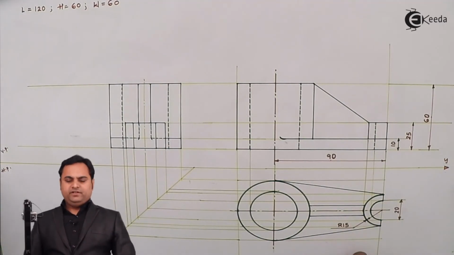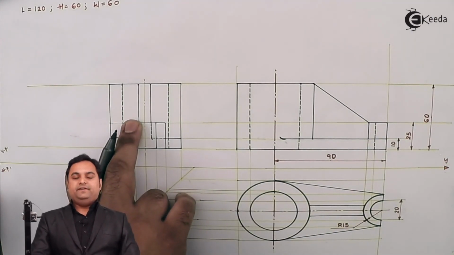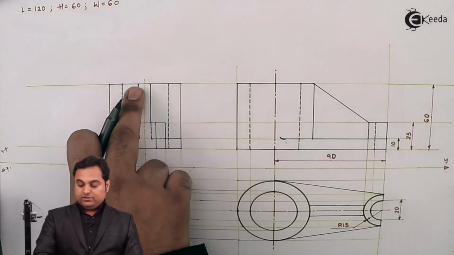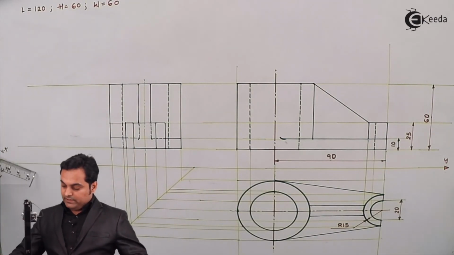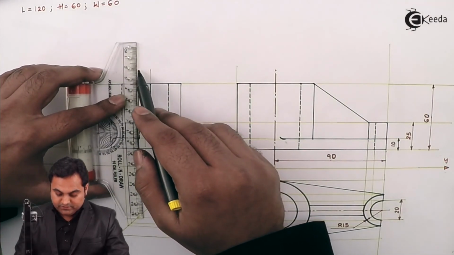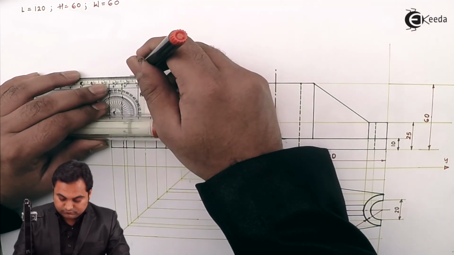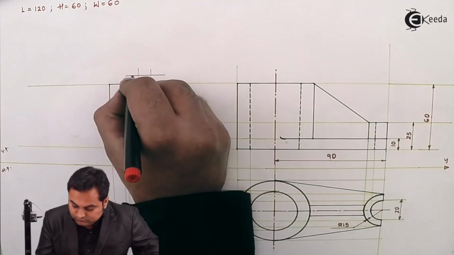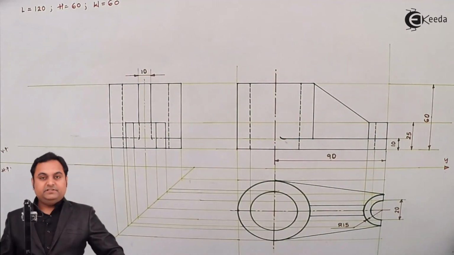Then for the rib we can give the dimensions anywhere, either in the top view or in the side view, because in both cases the true shape of the rib is visible to us. So I can give the dimension for the rib. Suppose I'm giving it in the side view. Rib is having 10 mm width.